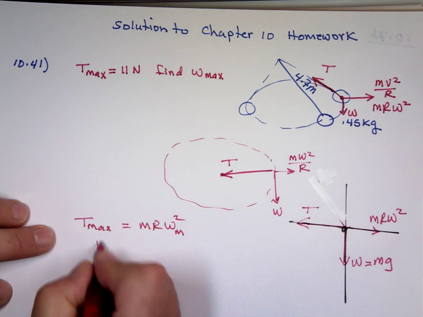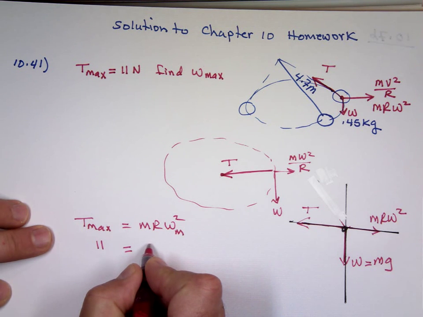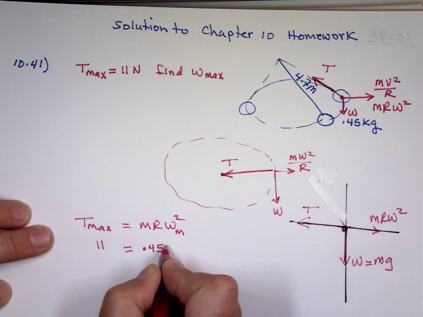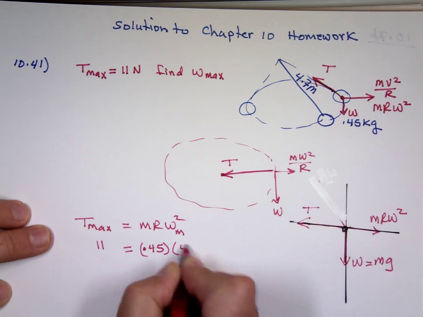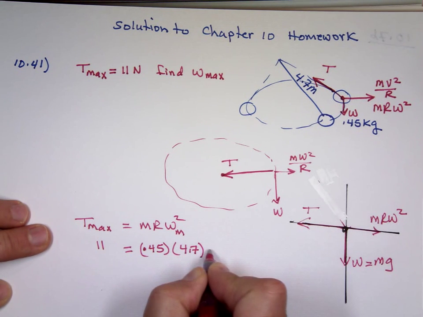Your Tmax is 11. The mass of that is what? 0.45 kilogram. R is what? 4.7 times W squared.